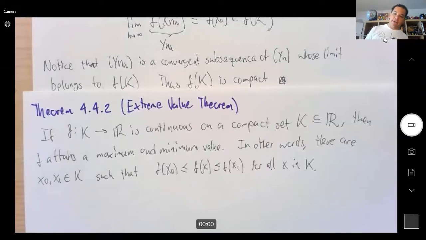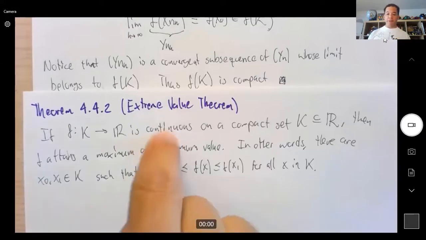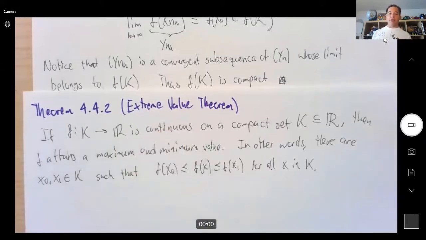Take the derivative, those are the critical points, check the critical points and the endpoints, and one of them is going to be the maximum and one of them is going to be the minimum for sure, right? And that for sure part came from this theorem, which now we can actually verify is correct.